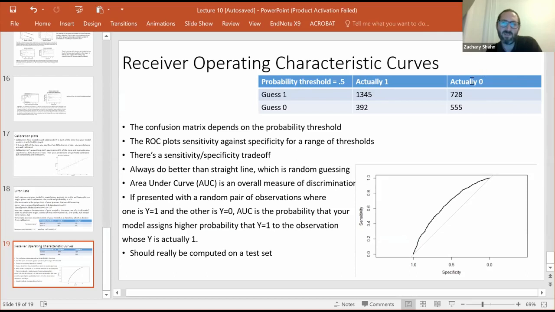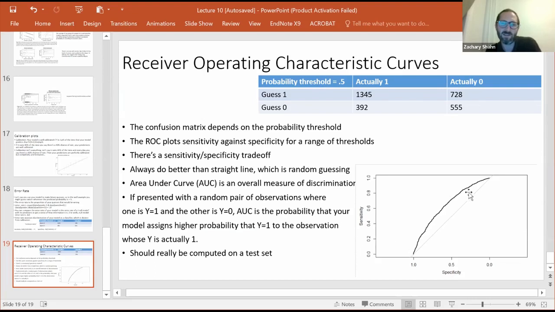But your specificity will be very high because you'll almost always guess zero. So an ROC curve plots sensitivity against specificity for the whole range of probability thresholds that you might use. And I was just illustrating there's a trade-off between sensitivity and specificity as you vary the threshold.